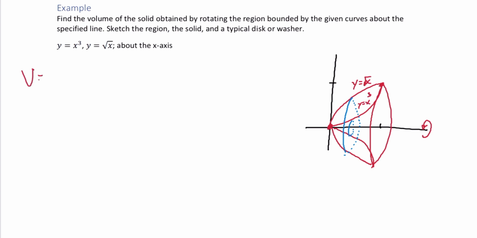Setting up the volume, we have the integral from 0 to 1, and then we'll take the area of one of those washers and dx.